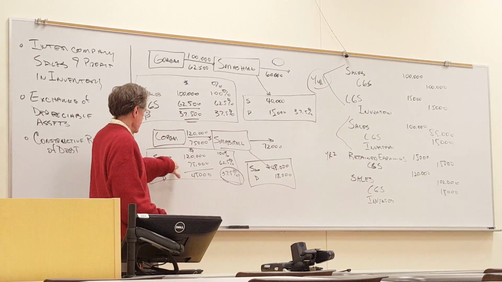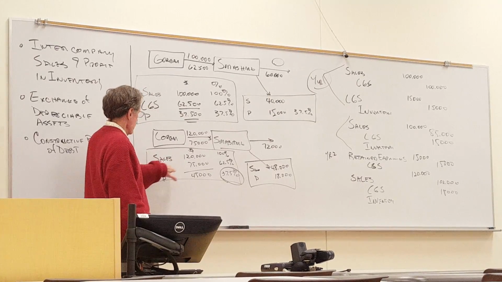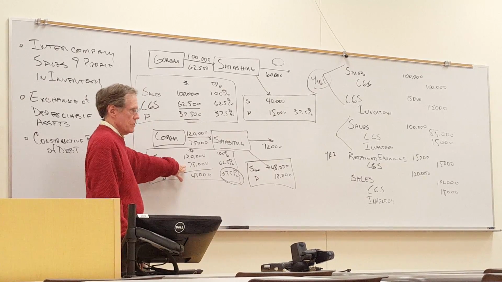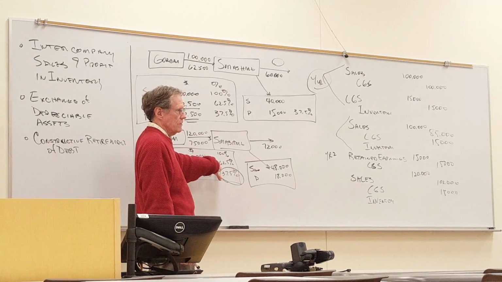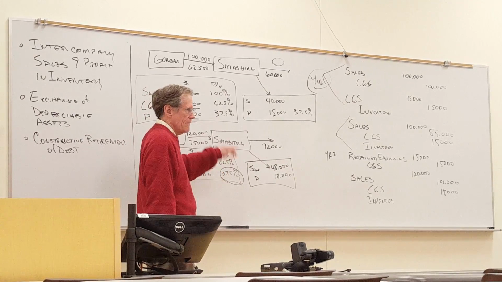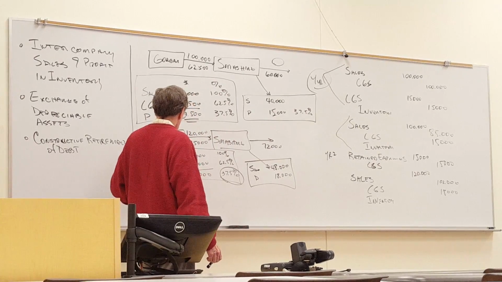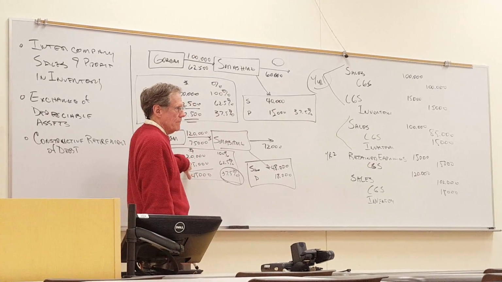Just set this up at sales, cost of goods sold, 75,000. You divide 75,000 by 120,000, which is 62.5%. How did you get the 75,000? This was given in the problem.